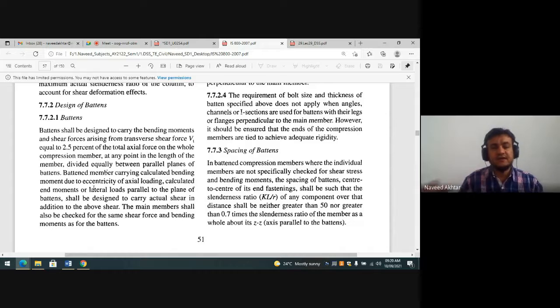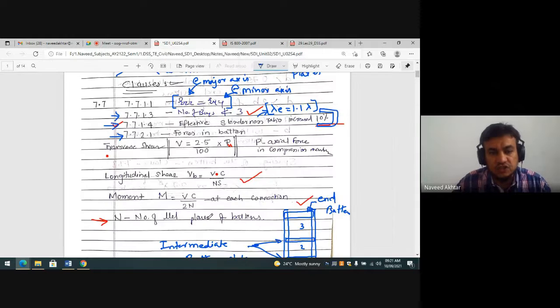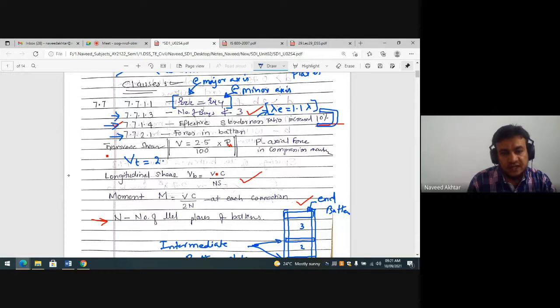So whatever the axial load coming on your column, the horizontal shear force we have to take, that is V, how much you have to take? Vt is equal to transverse shear force, 2.5% of axial load.